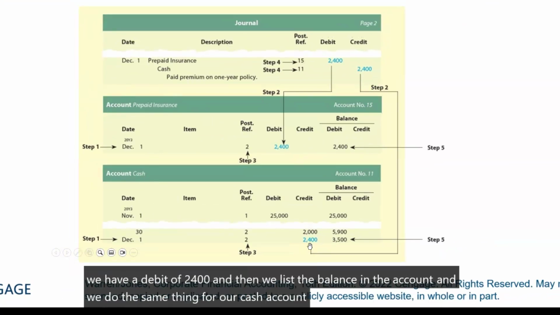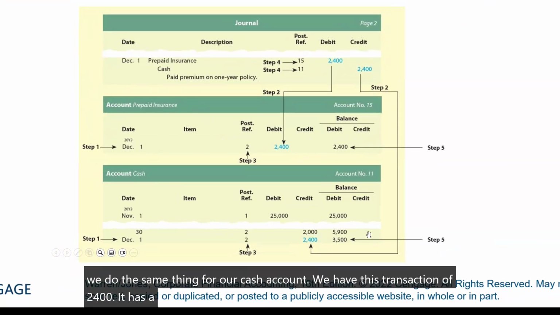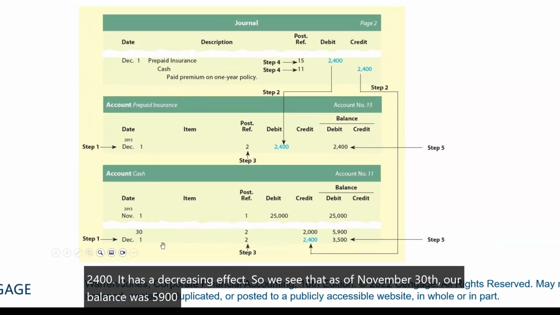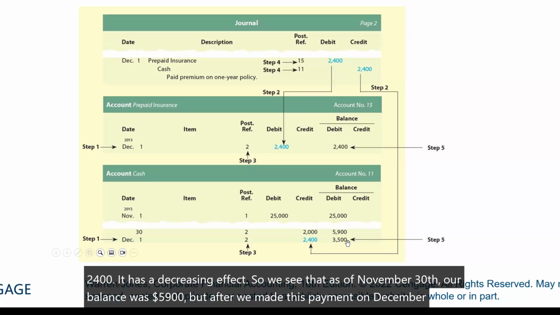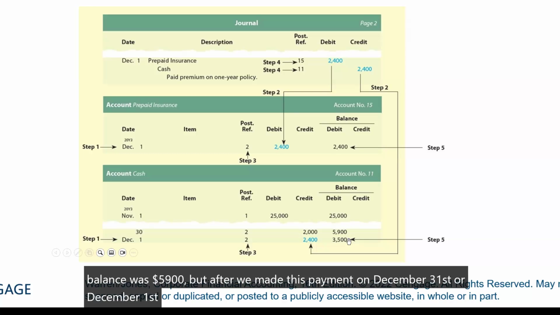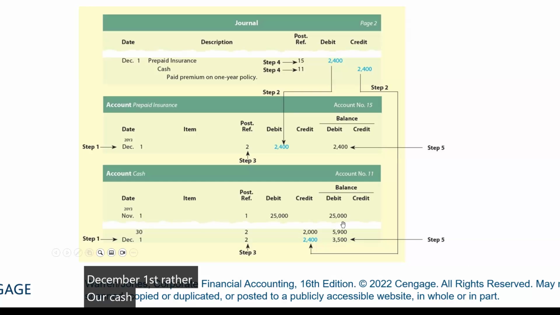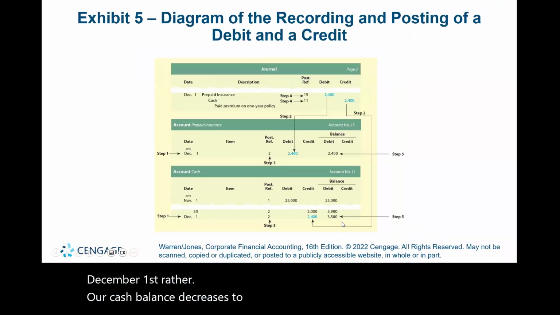We have this transaction of $2,400. It has a decreasing effect. So we see that as of November 30th, our balance was $5,900. But after we made this payment on December 1st, our cash balance decreases to $3,500.